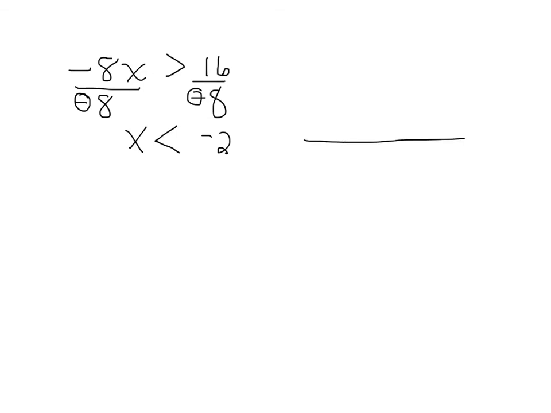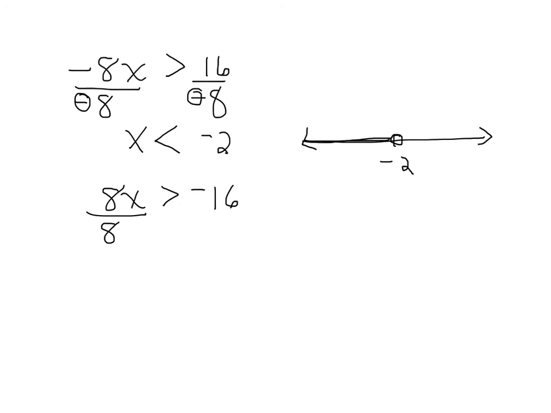And when I go to graph that, I graph the negative 2. It is not including negative 2 because it's less than, so I make it an open dot, and I draw my arrow to the left. On the other hand, just to be really clear about this, if 8x was greater than negative 16, it's almost the same problem.